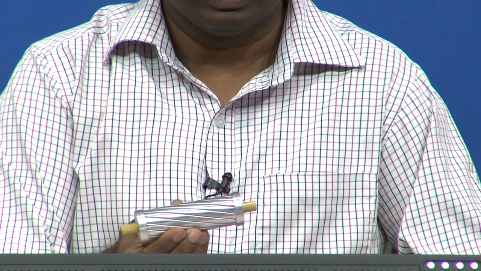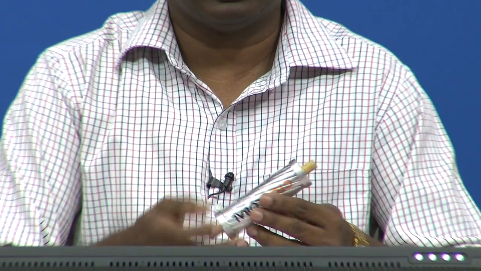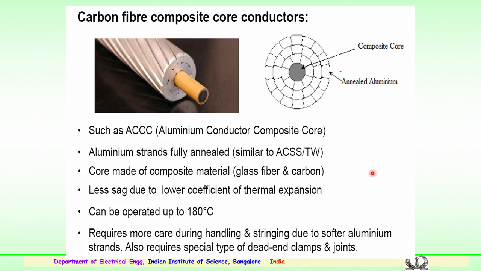So, this has special properties in comparison with the ACSR conductor. This ACCC, or aluminum conductor with the composite core which is shown here, has aluminum strands fully annealed, similar to the previous two types of high temperature conductors, but the core is made up of composite material.